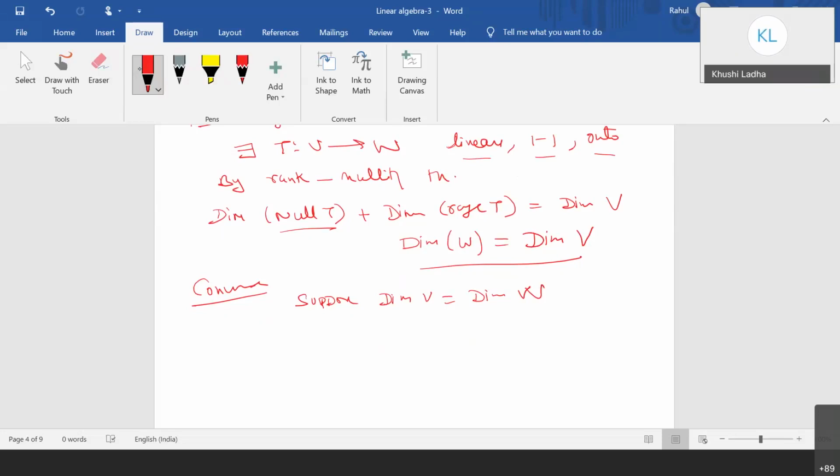No, but in that case it was an isomorphism. Therefore, we know that it was one-to-one, and therefore kernel T was 0. But now we are proving that, suppose their dimensions are the same, it is one-to-one or onto. Ma'am, so the dimension of the null space of T won't be 0 over here. Why?